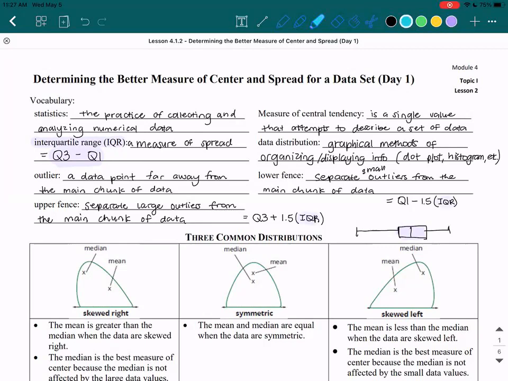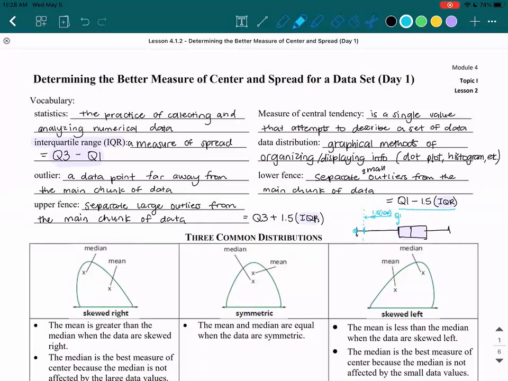And then for the lower fence, you're going to do Q1 minus 1.5 times the IQR. So that means you're just going to take this part, here's your Q1, and you're going to subtract off 1.5 times the IQR. And then however far that goes out, this is your lower fence.